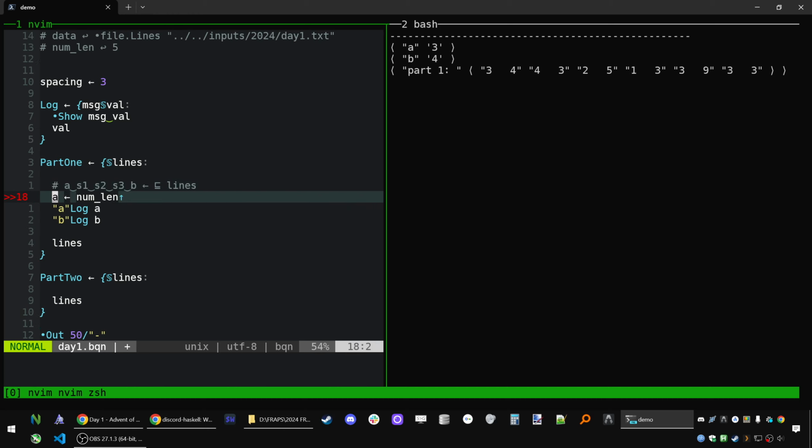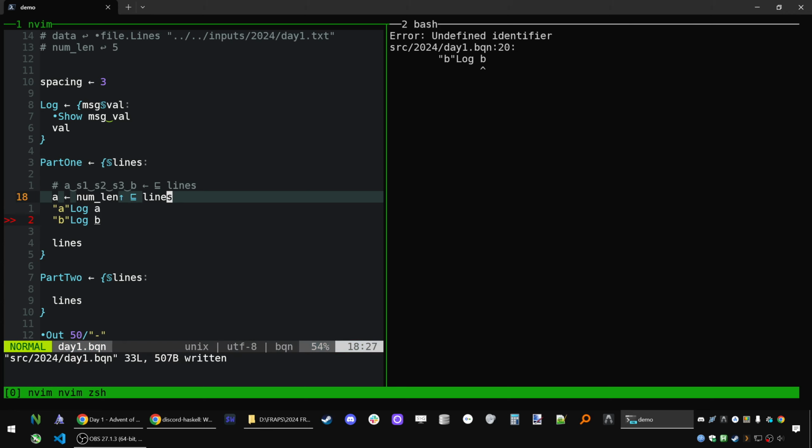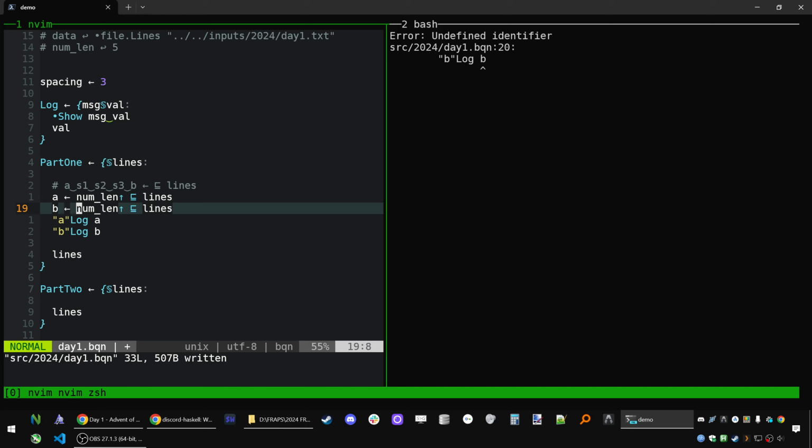Why are you complaining about this existing? Oh, oops. For the first line, we're going fast, we're having fun, and then b is going to be the same thing but negative. Can I do negative with num length, or is that a...? How do I... num length? I don't know what num length means.